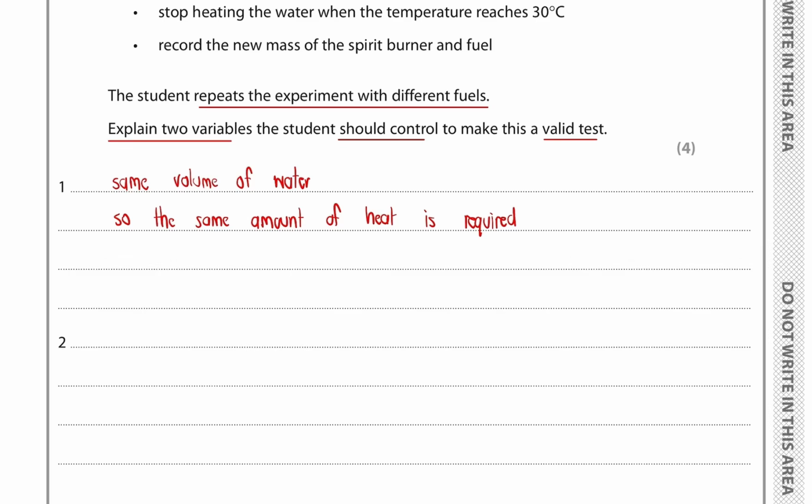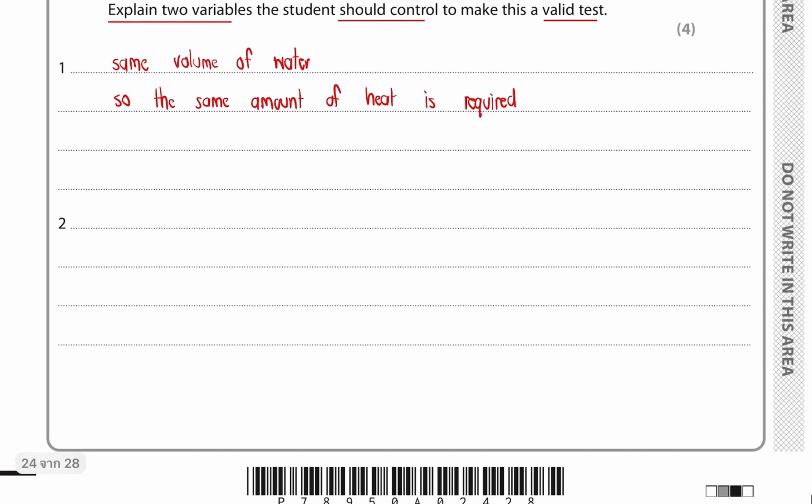And another variable that the student should control is the spirit burner being the same distance to the copper can.